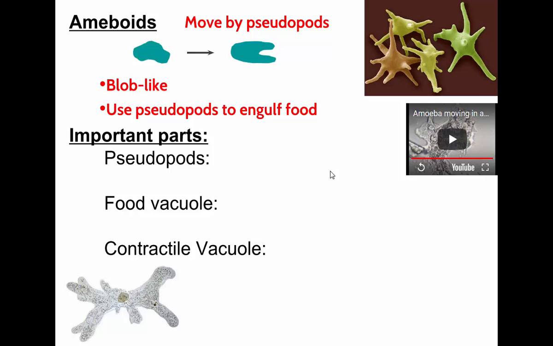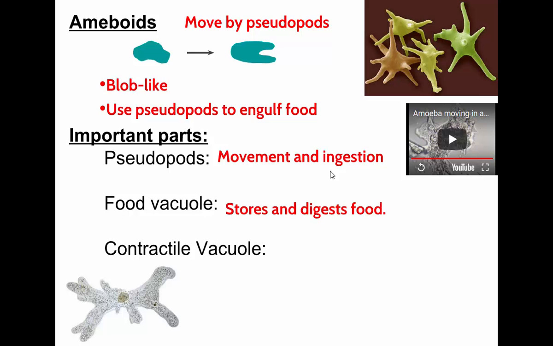And then where is the food? Inside. Now it's inside of the amoeba, right? Because now this is the shape of the amoeba. And it's actually inside of the amoeba in this little bubble. That little bubble we call a food vacuole. So the pseudopods are used for it to move and also to ingest food.